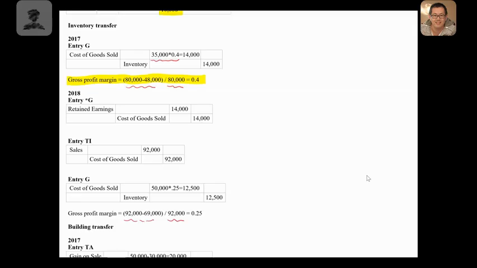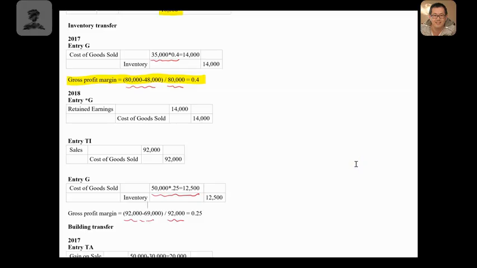And 25% is the gross profit margin, and we use 25% times the remaining balance of unsold inventory, and we'll get the amount of the deferred profit. That's 12,500. All right, so that's all the consolidated entries related to the inventory.